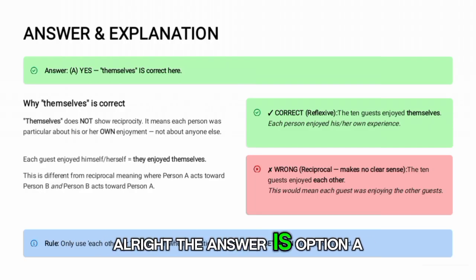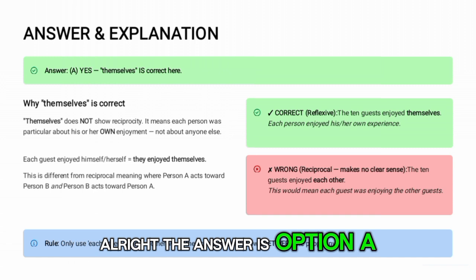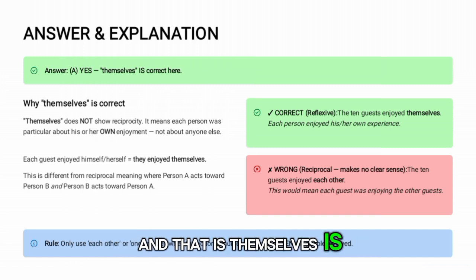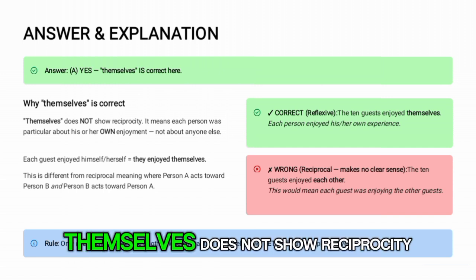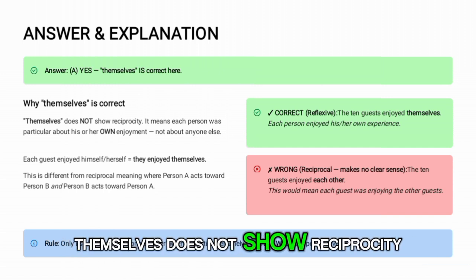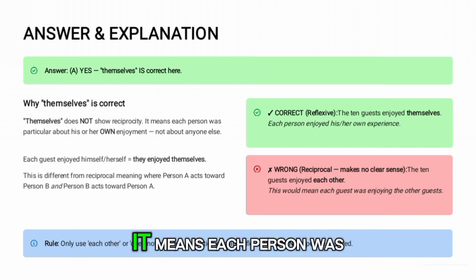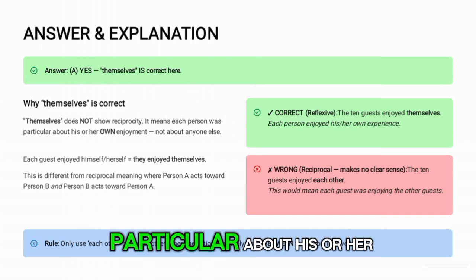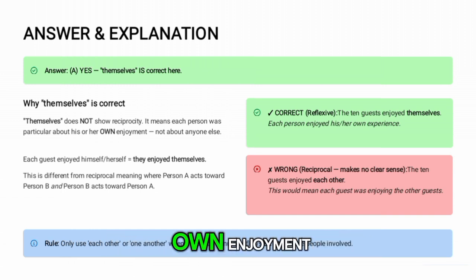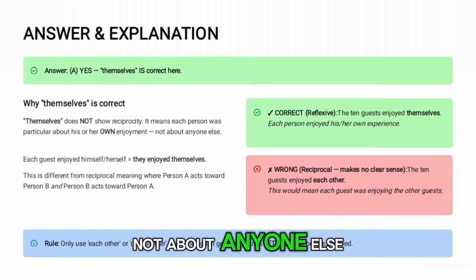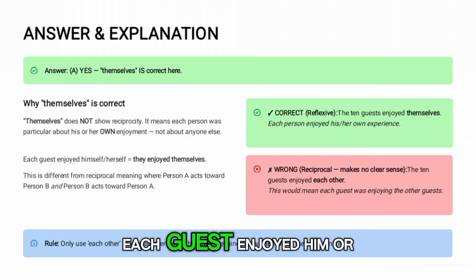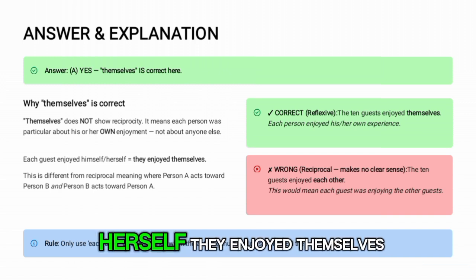Right? The answer is option A, and that is, themselves is correct here. Why is themselves correct? Themselves does not show reciprocity. It means each person was particular about his or her own enjoyment, not about anyone else. Each guest enjoyed him or herself.